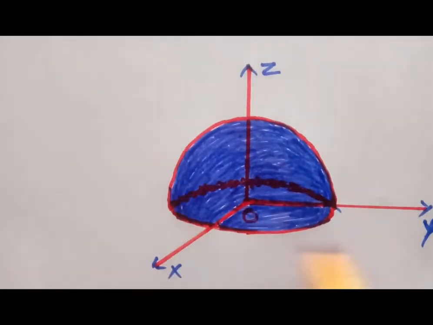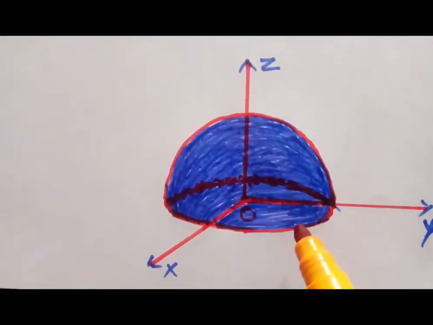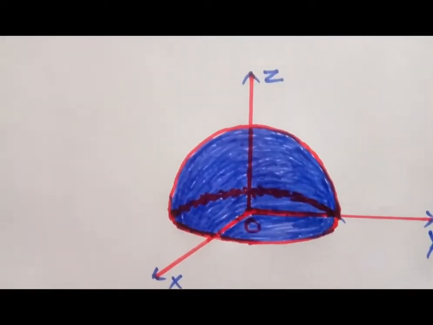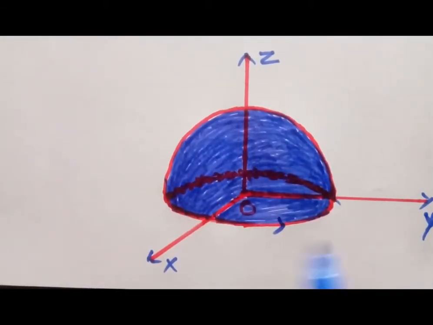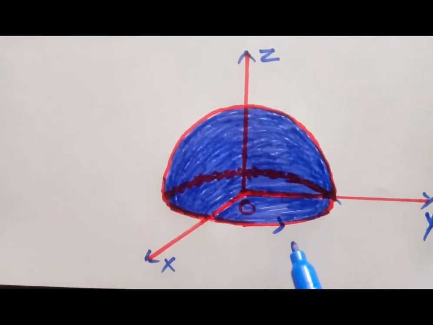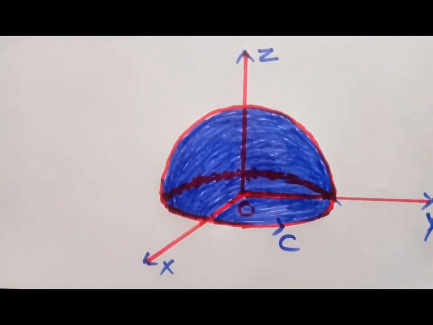Therefore this is the circle, x square plus y square. Therefore this is the circle C.